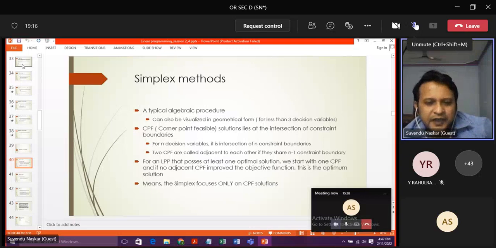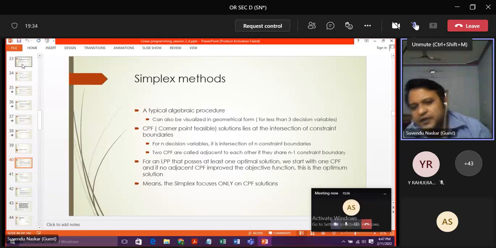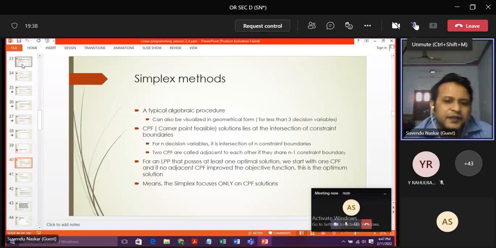For an LPP that possesses at least one optimal solution, it may so happen that because of your constraints, your resources, and the relationship between the activities, you may not have an optimal solution, or rather the optimal solution is infinity. You will not have an optimal solution in a two-dimensional plane when there is no common space among those constraints.